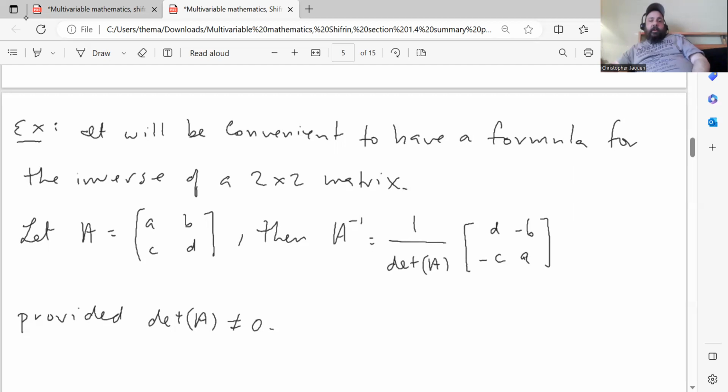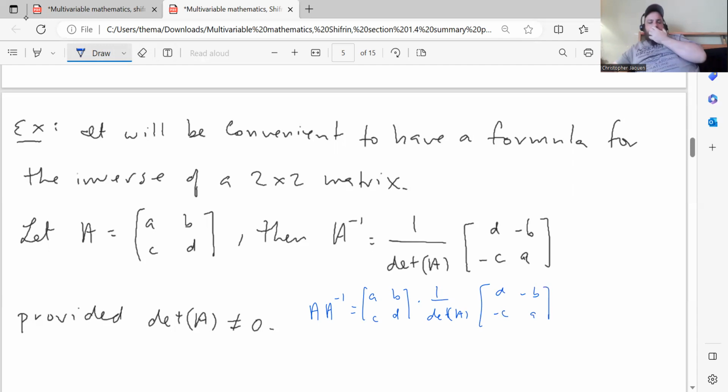Just so you can see that that works, maybe I will multiply this out to show you that you get the identity. If you take A times A inverse, this is a, b, c, d times 1 over det A times d, -b, -c, a. I can factor that scalar out in front.